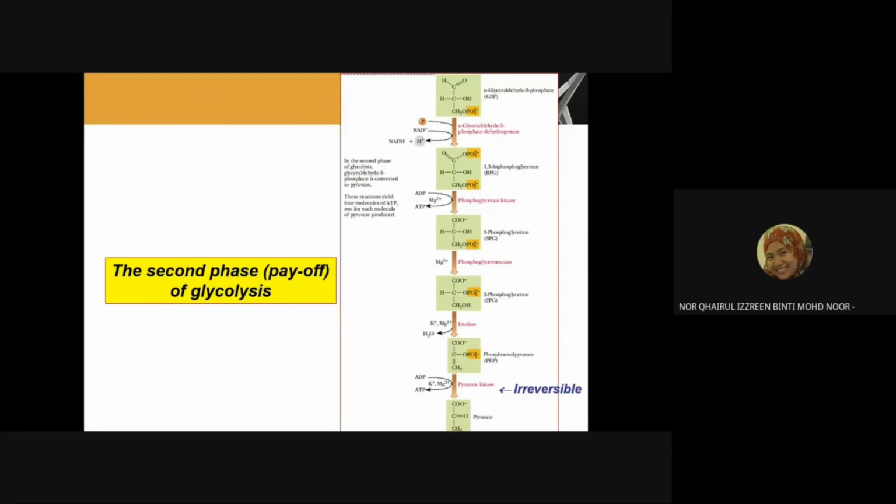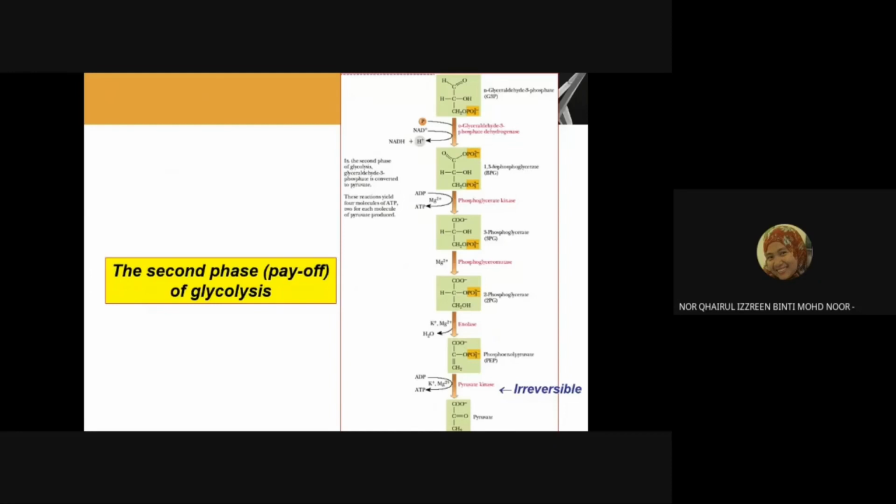So DHAP is an isomer of GAP, glyceraldehyde 3-phosphate. Since glyceraldehyde 3-phosphate lies in the direct pathway of glycolysis, glyceraldehyde 3-phosphate will undergo glycolysis, but not DHAP, since DHAP cannot continue glycolysis unless it is converted to its isomer glyceraldehyde 3-phosphate at step number 5.